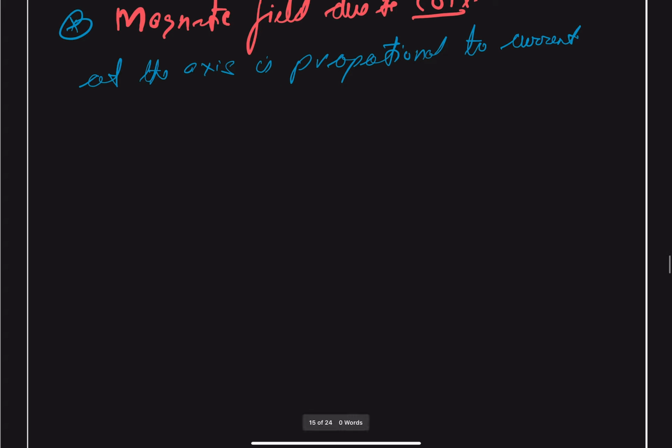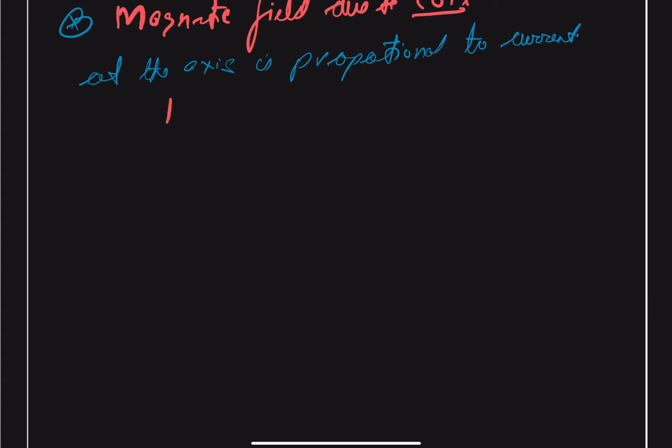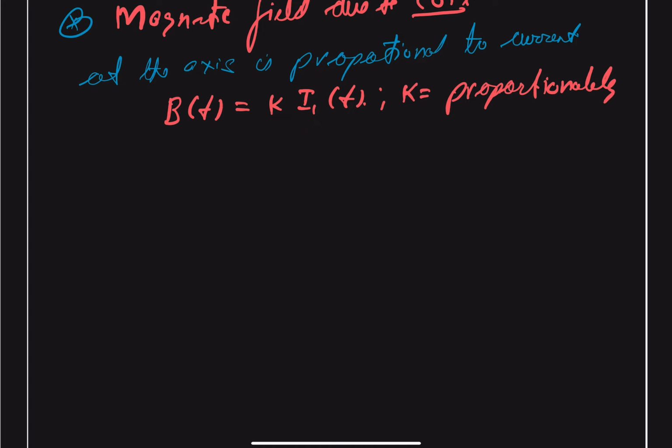So we can write that our B of t is equal to K I1 of t. Here we have assumed K is the proportionality constant.